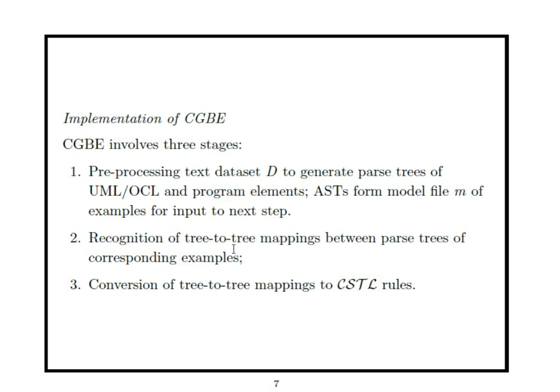Given those trees, we then, using a search-based procedure, try to recognize correspondences from the source to target tree structures. And finally, we convert those tree-to-tree mappings into CSTL rules.